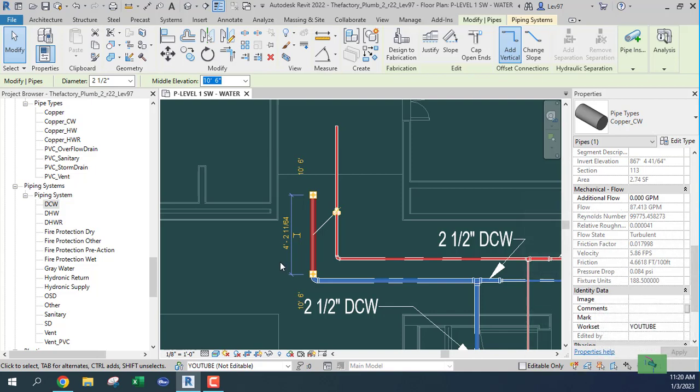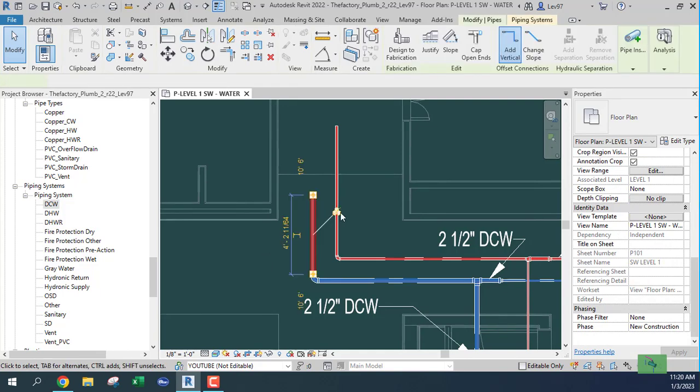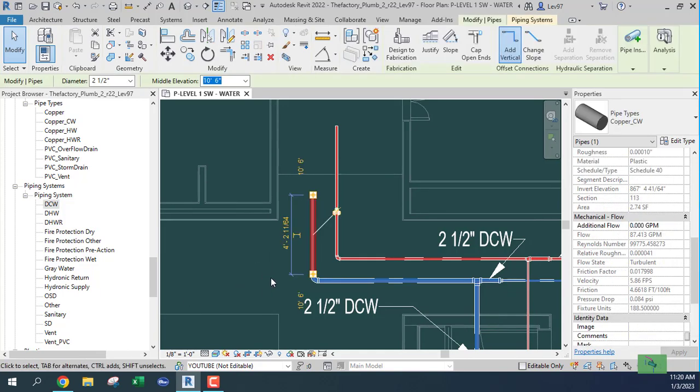So what I wanted to point out in this case was, let's go with cold water and then we can do the hot water, okay? So the cold water, because it's set to flush valves, we can look at the fixture units at 188 or 190 fixture units, and according to Revit, it will produce 87 GPM.